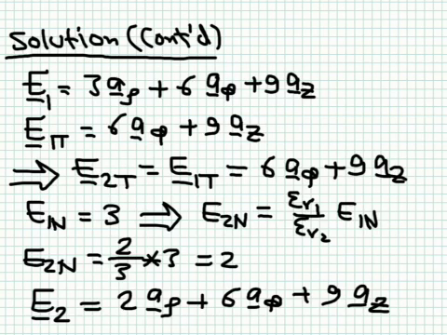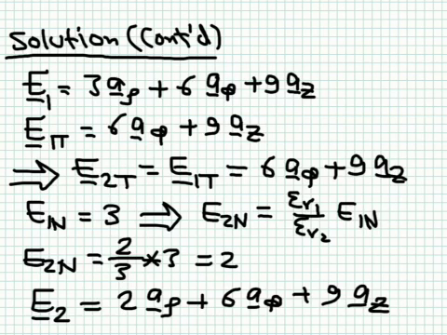Now, the normal component here in the first medium is 3, and we know that the two normal components are related through this expression. Then we substitute for epsilon r. Epsilon r1 is equal to 2, epsilon r2 is equal to 3. If you multiply this one by 3, you get that in the second medium the normal component, which will be in the rho direction, is equal to 2.